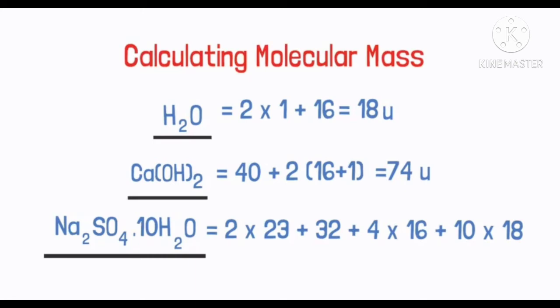For sodium we have 23, for sulfur we have 32, oxygen we have 16, then hydrogen we have 1. So here atomic masses are there, and whatever number is given there we have to multiply. Here I have written all this. Now calculation you have to do on your own.